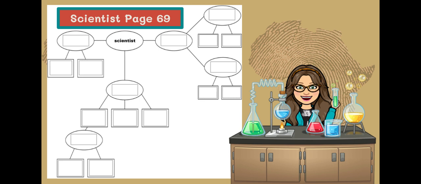Scientists are people who study nature and why things happen. Do all scientists study the same things? We learned at the beginning of this unit that paleontologists are scientists who study prehistoric animals such as dinosaurs. So I'm going to put paleontologist down here on the circle under scientist.